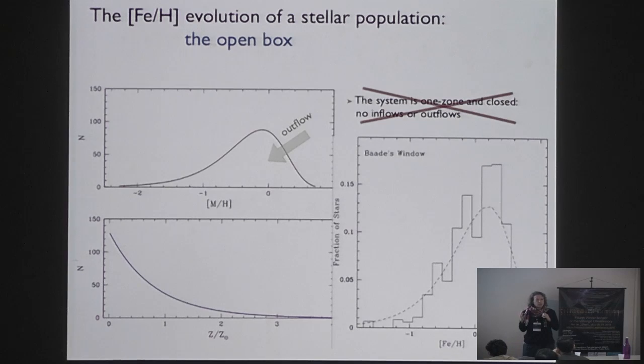Maybe you don't manage to constrain exactly the gas exchange and the parameters of the inflow, etc., but at least you know that it's one population. But if you have a bimodal or trimodal distribution, then this is a strong indication that you have different populations, groups of stars coming from different environments getting there, okay? And we will use that in the following.